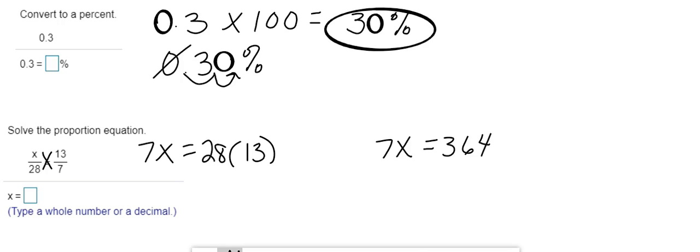To get x by itself, I need to divide both sides by 7, so x equals 364 divided by 7, which is a nice, neat whole number, 52.